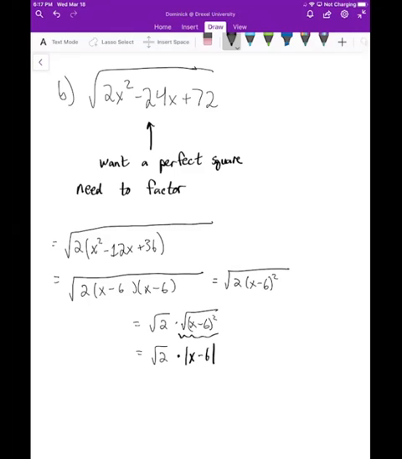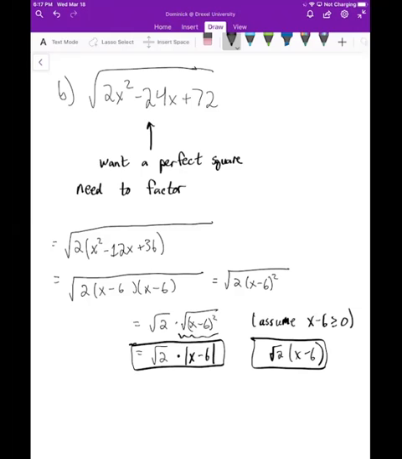But if we are assuming that x minus 6 is positive, or I guess non-negative would be the better way to put it, then you could just say that it's a square root of 2 times x minus 6 in just parentheses, right? So either one of these answers is probably okay, but again, this one would be sort of the more general answer. Let's put it that way, more general.